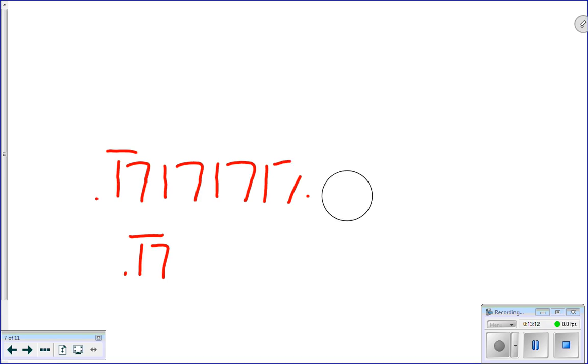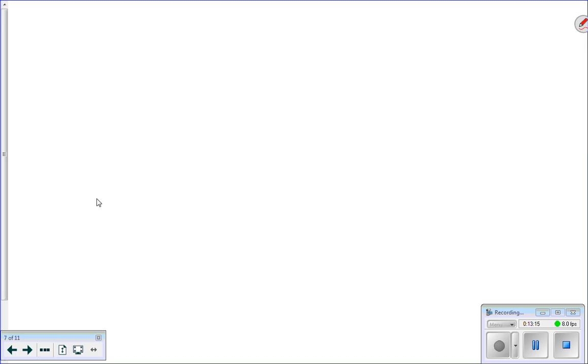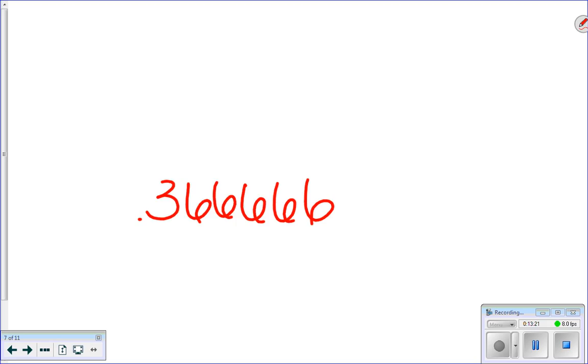What if I have something that looks like this? What repeats? So what number am I only going to put that bar over? 6. So you can write your answer like this then. Okay. What if I get this answer and I say, oh, okay.